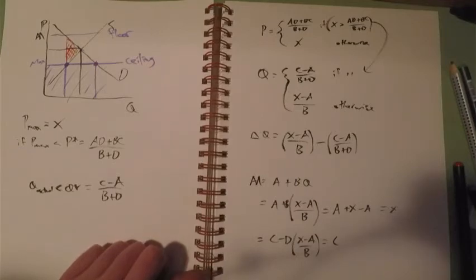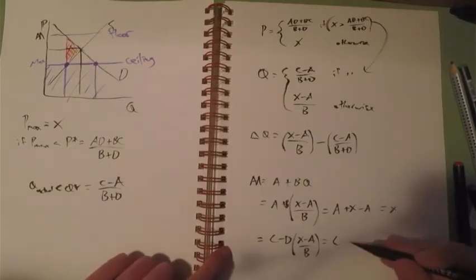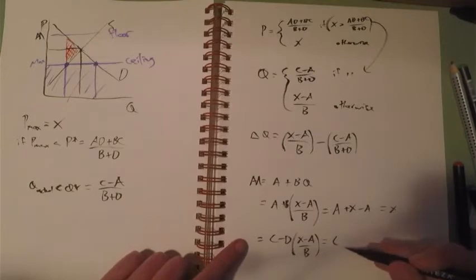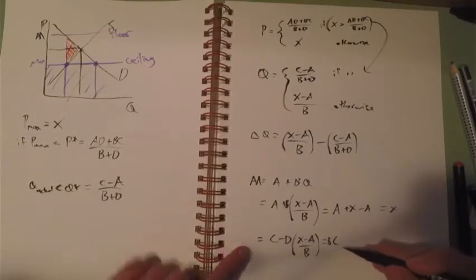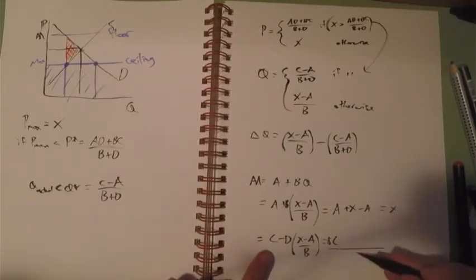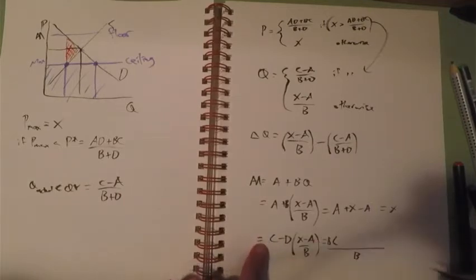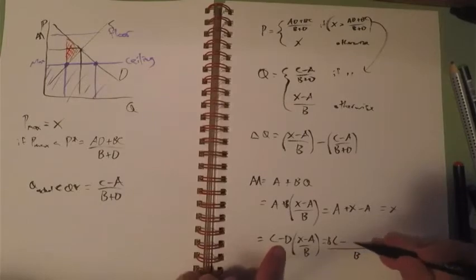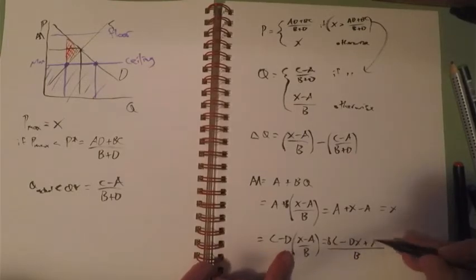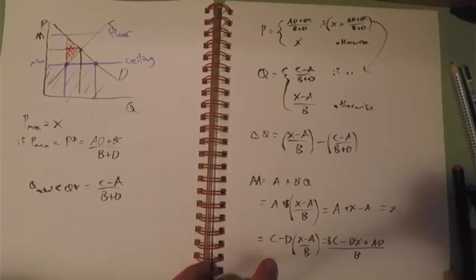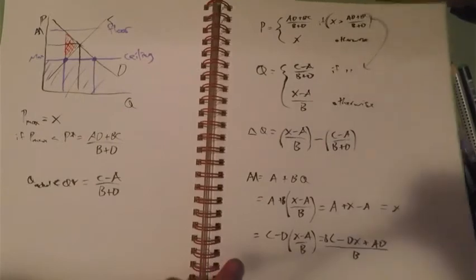That doesn't help. Well, I'll just simplify, right? So I got C, and actually, I'll even call it BC so that I can put it all over B. So BC over B is the same as just C, minus DX plus AD. All right, that's a little bit easier to read than this, but it's the same information.